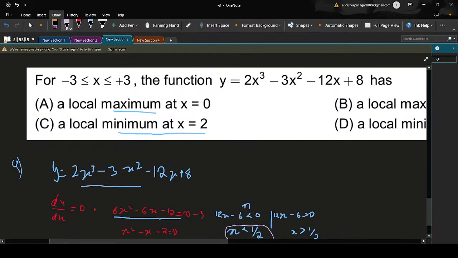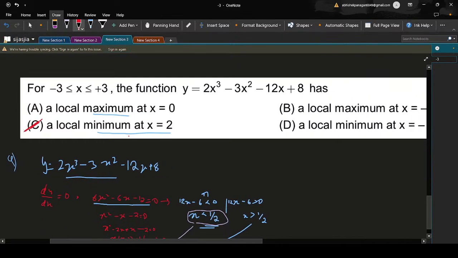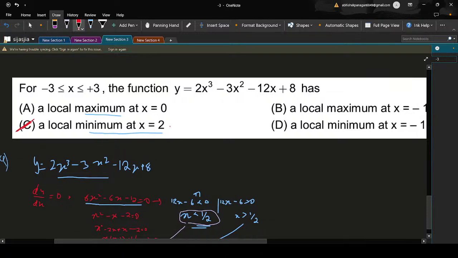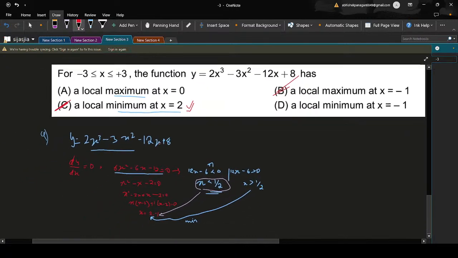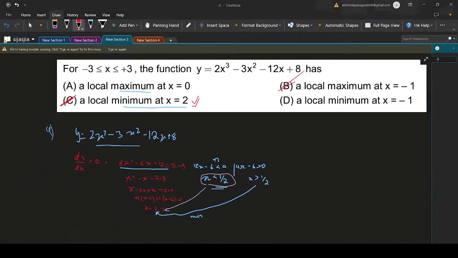That's how the definitions go, this is how the maths works. C is a multi-correct one, by the way, so you've got to see carefully. The local minima is x equals 2, as we did it, and local maxima is minus 1. So B, C are the ones which satisfy the equation.